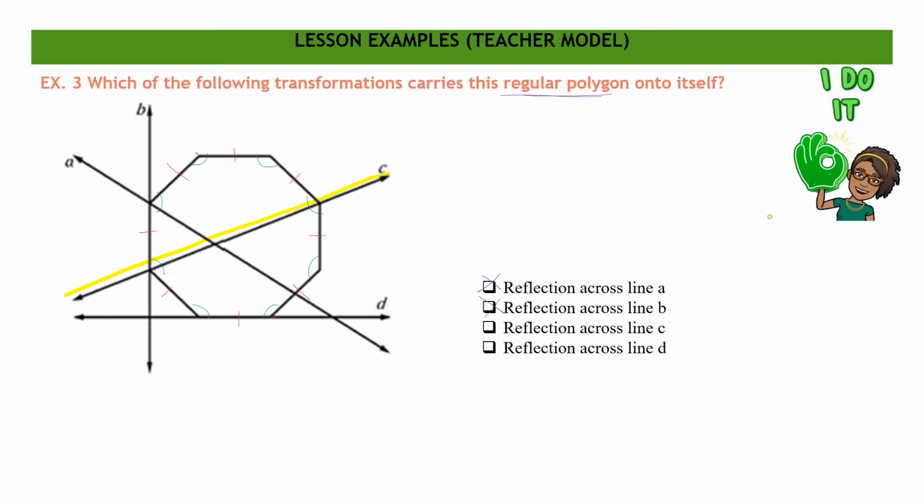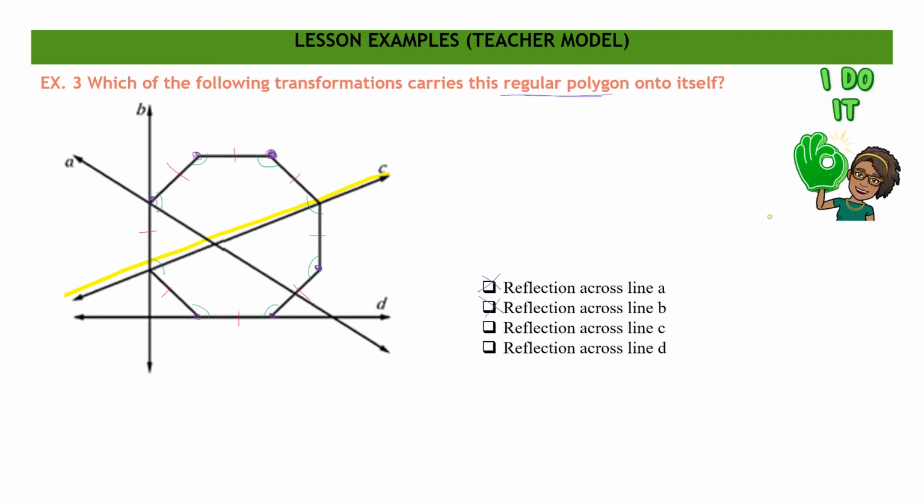So if I look at line C, let's look at this vertex here. This vertex would have to match up with a non-adjacent vertex, one that cannot be attached by a line segment. So this vertex here would match up with this one. This one would match up with that one. This one would match up with this one.